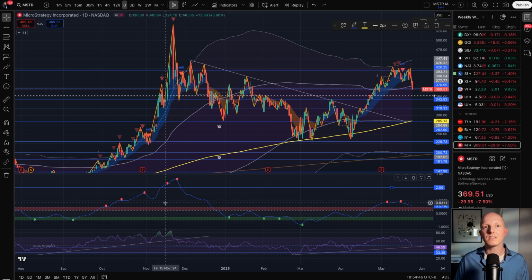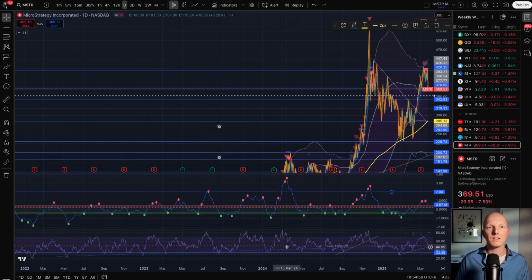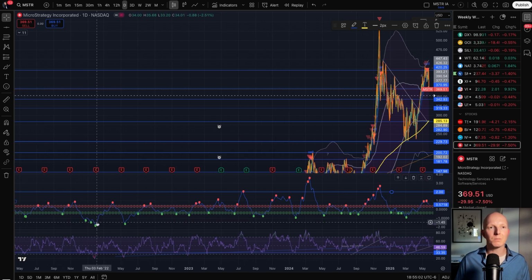Now, this is different for every asset, and you can see on the flip side on the bottom how we normally don't really get 2 standard deviations oversold, and we can just compress our timeline here to go back all the way to the 2022 bear market, and you can see even at the bottom of the bear, we didn't really get to 2 standard deviations oversold.